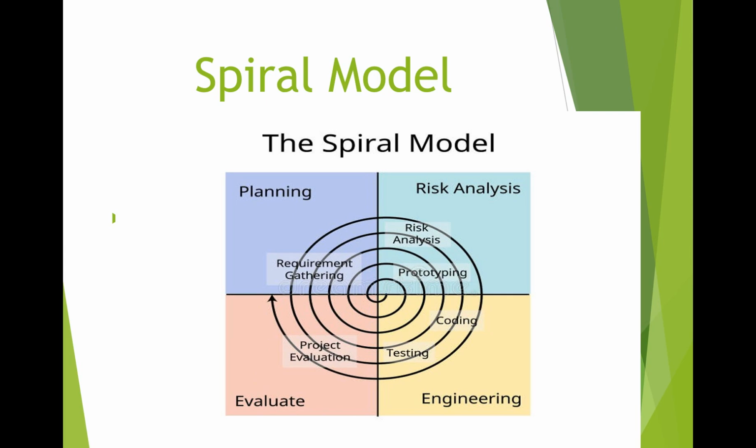In the spiral model we cannot take additional or new requirements once the release cycle has started. We will take the requirement, but we cannot go with it in that cycle. We can implement the newly received requirement in the next release.